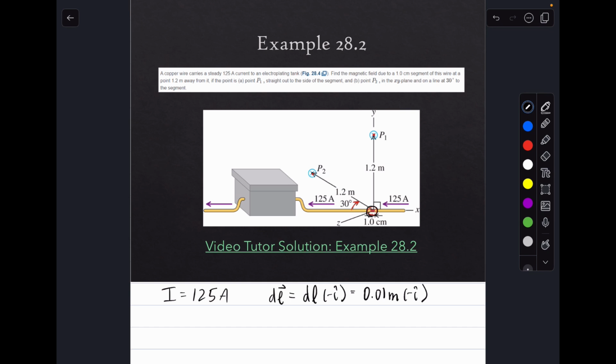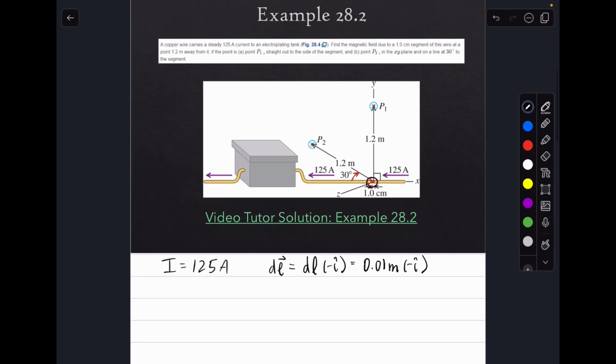And so we're using the law of Biot-Savart, which states that the small piece of magnetic field due to the small piece of current segment is mu naught over 4 pi I dl vector crossed with r hat over r squared. So we need to figure out what's r hat.